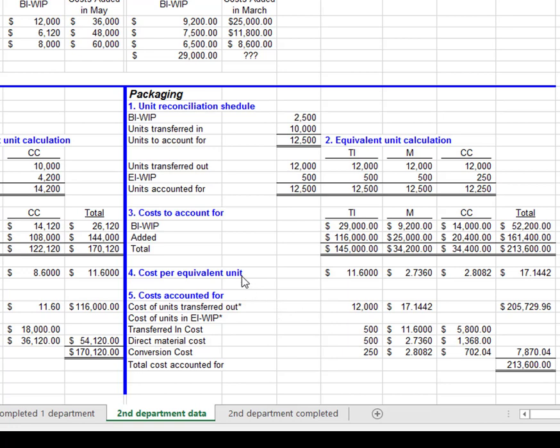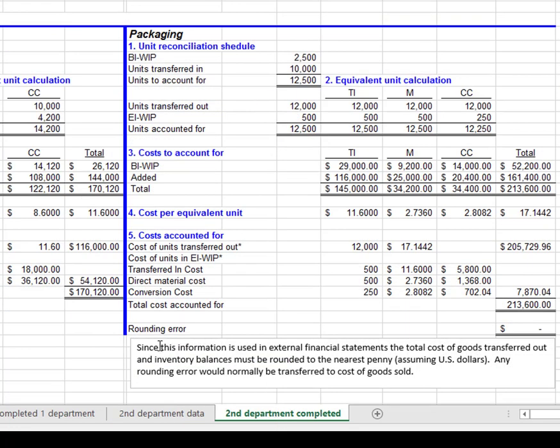Now I just want to mention something about rounding. I'm going to go over to my completed page here where I've got a note. Since this information here, the cost of units transferred out, that's going to finished goods inventory, and this is my ending inventory work in process, that's part of your external financial statements, and that needs to be rounded to the nearest penny if you're using US dollars. And I did round these.